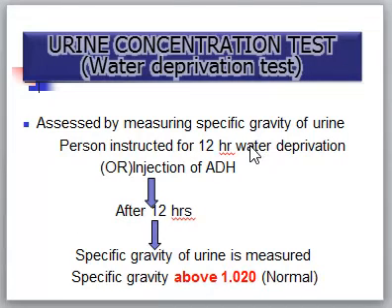If specific gravity is more than 1.022, the renal function is normal. If the specific gravity is below this value, a third sample is collected at 9 a.m., and if this sample gives a specific gravity of less than 1.022, then the concentration ability of the kidney is considered to be impaired.